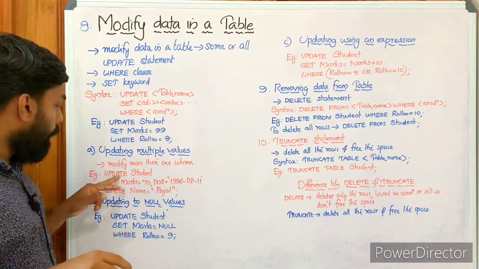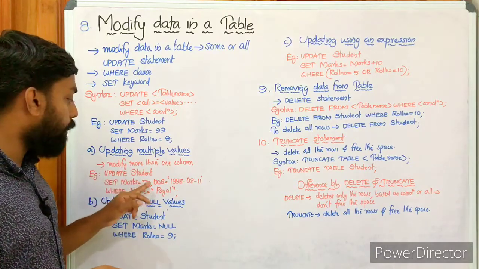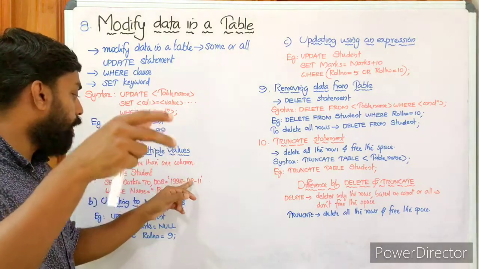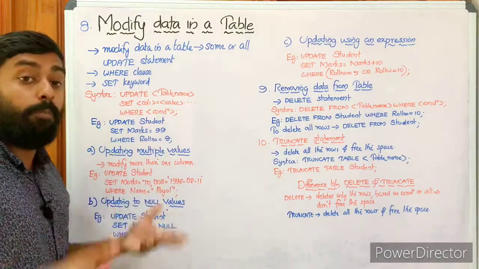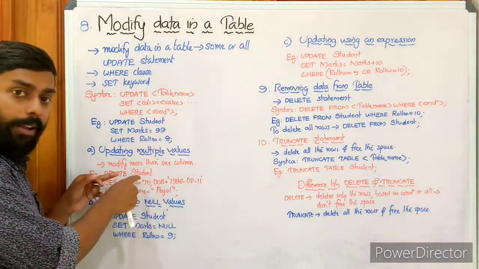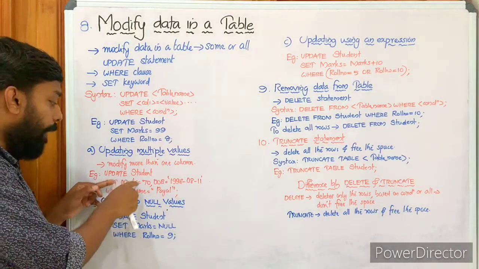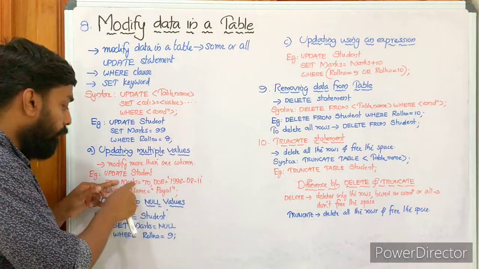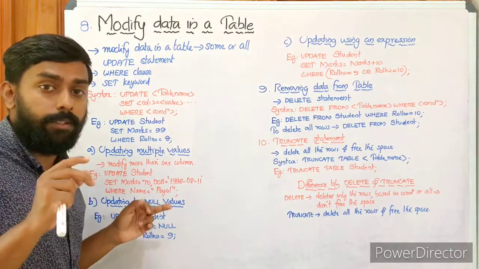Here we have an example. Update student, set marks equal to 70, comma, date of birth equal to 1998-08-11, where name equal to Payal. What happens with the statement? We are updating student, then setting marks equal to 70, comma, DOB. Marks and DOB are the columns.